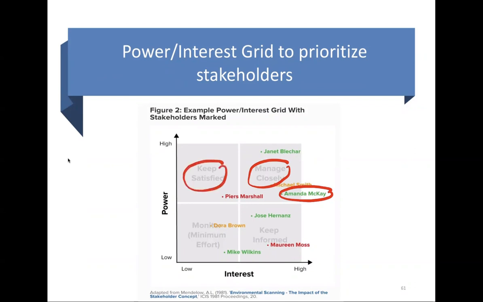Here Pierce Marshalls might be of low interest, but they have power, so that means you have to keep them satisfied all the time. So part of the stakeholder analysis using the power interest grid classification method is to identify or group your stakeholders along different dimensions of interest and power.